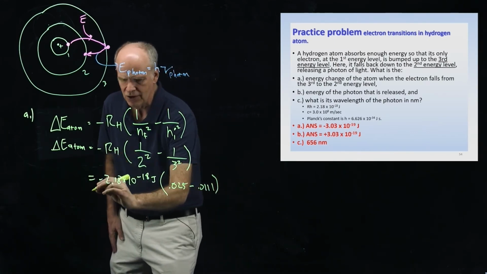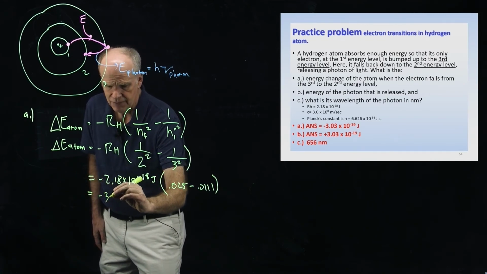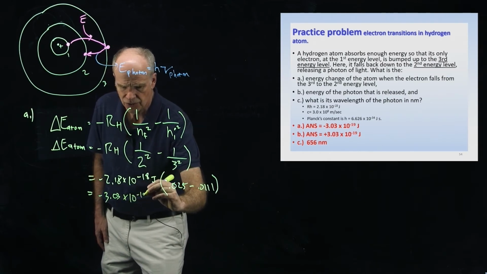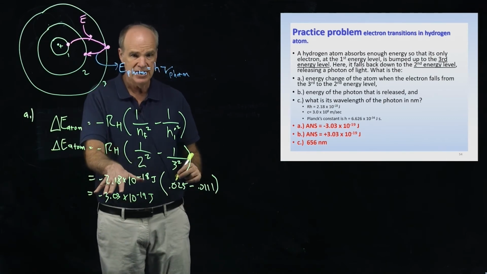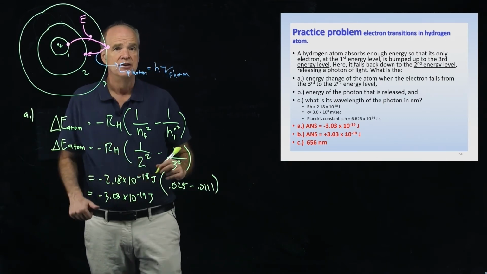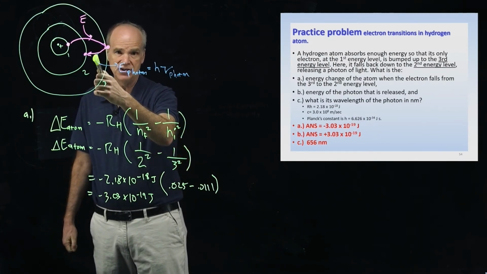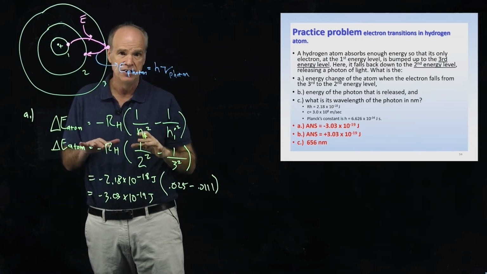Anyway, if you work this out, the number you should get is negative 3.03 times 10 to the negative 19 joules. Again, this negative energy, 3.03 times 10 to the negative 19 joules, is a reference to the change of energy that an electron goes through as it falls from the third to the second energy level. And also it's the change of the energy of the hydrogen atom when that happens.